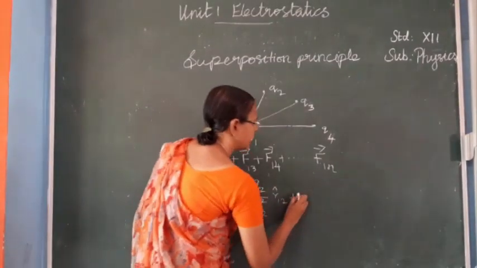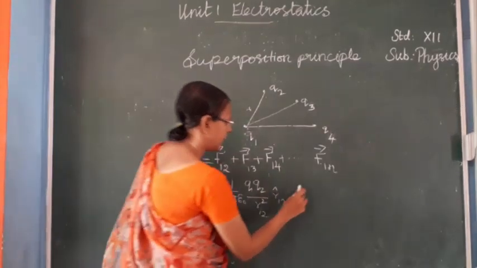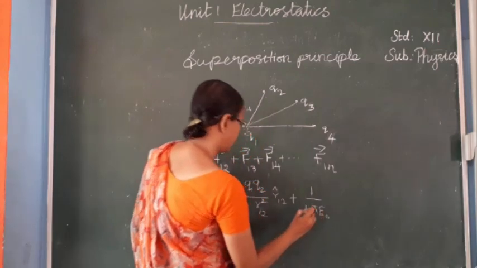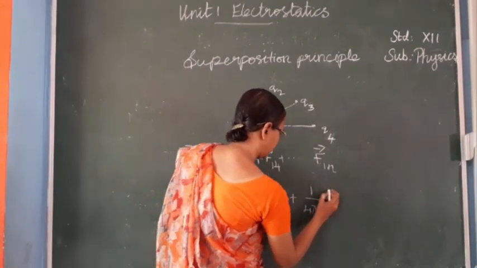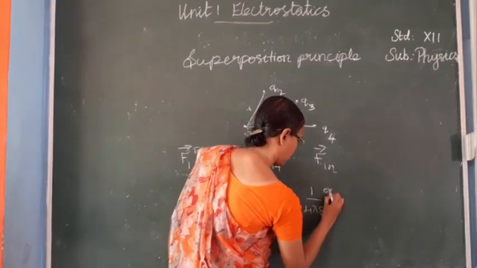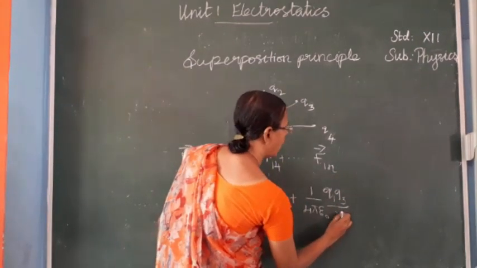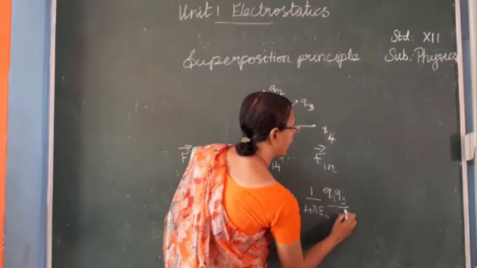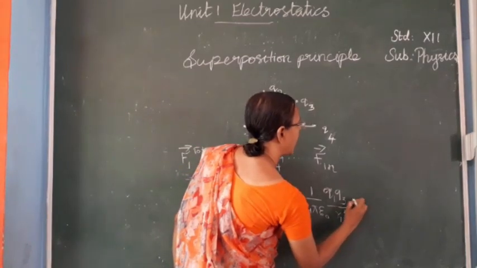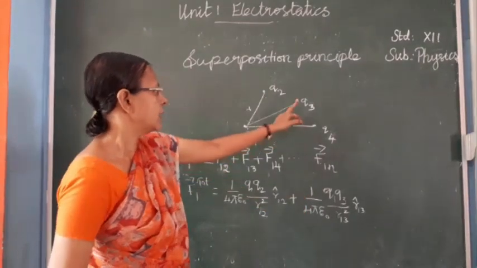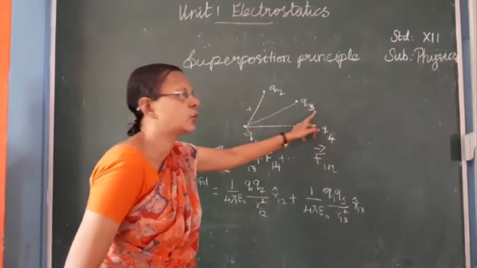At the same time, we have to add the next force, 1 by 4 pi epsilon 0 Q1 Q3 divided by R13 square, R13 cap. This is the force because of the point charge Q3.